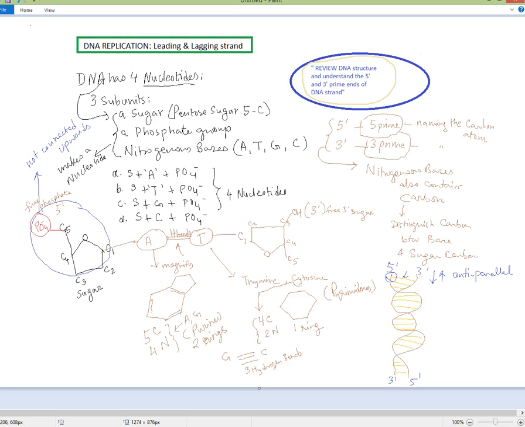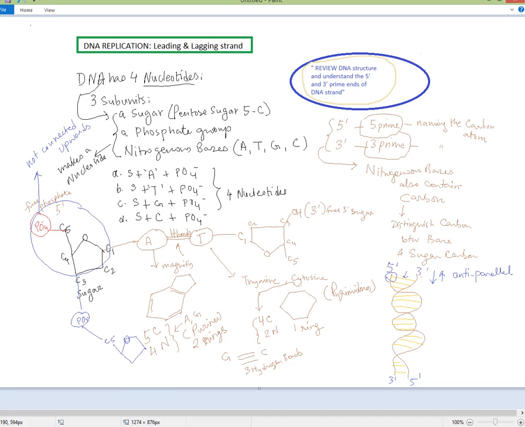And this carbon number 3 is connected to a phosphate group, and this phosphate group is again connected to C5 of the next pentose sugar.